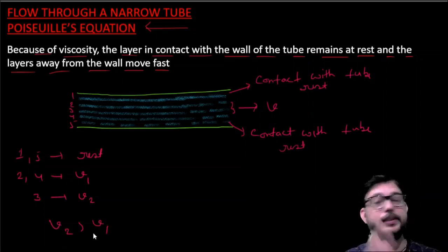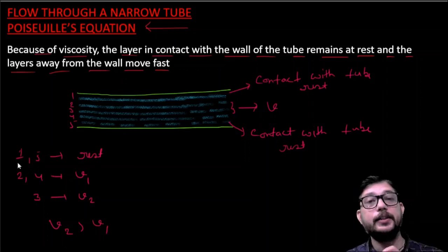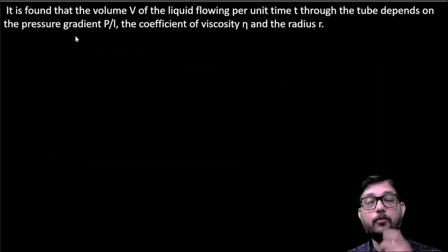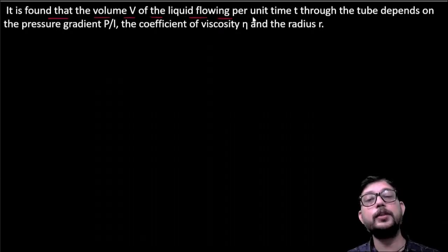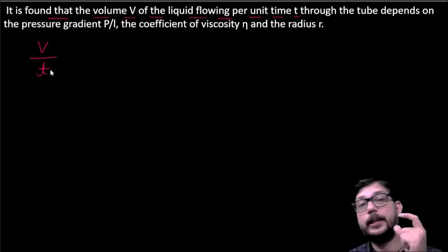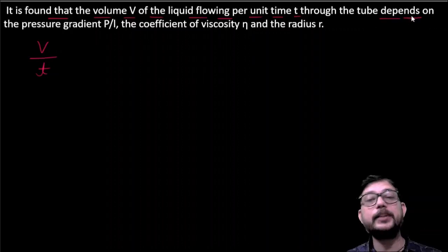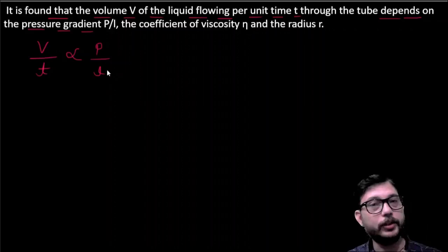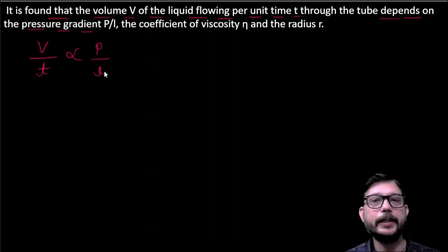On the basis of this experiment, he finally proposed that the volume V of the fluid flowing per unit time t, that is the rate of flow through the tube, depends upon, means is directly proportional to, the pressure gradient, P upon L. I have already told you that when you divide any physical quantity by the distance, it converts into its gradient.